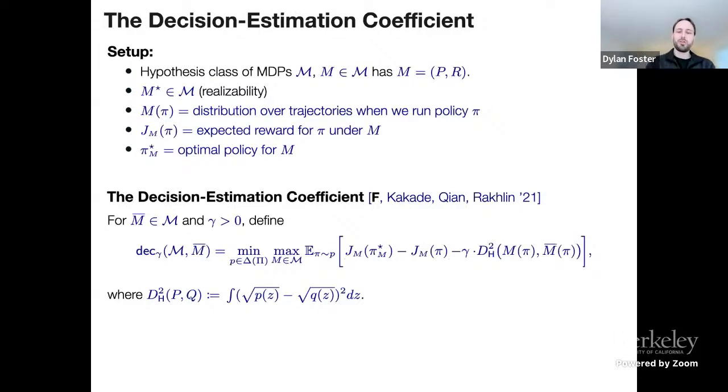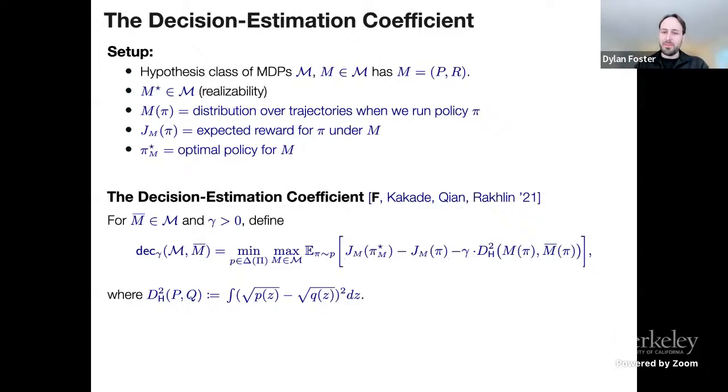Let me walk through this full expression. This decision estimation coefficient, this DEC, is the value of a min-max game. That's actually in line with the theme of this program, where we're trying to find a distribution over policies for the learner.